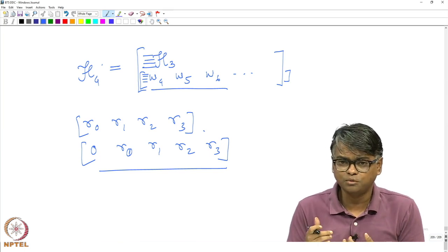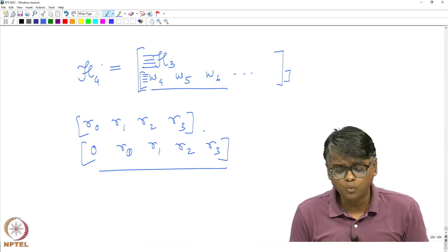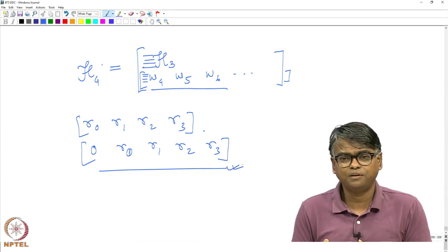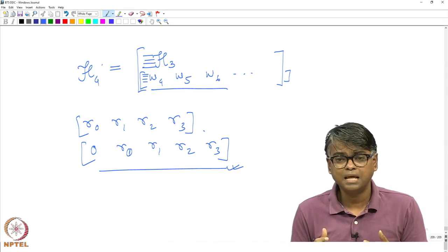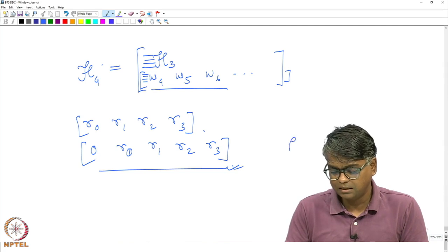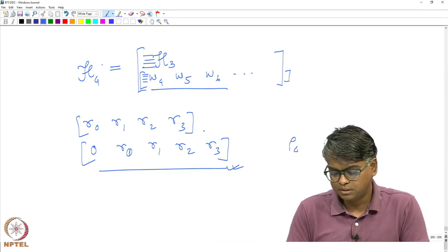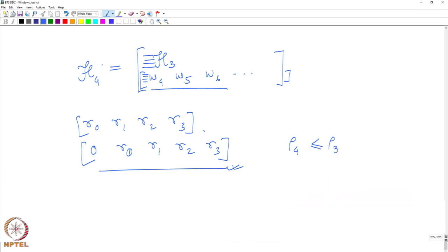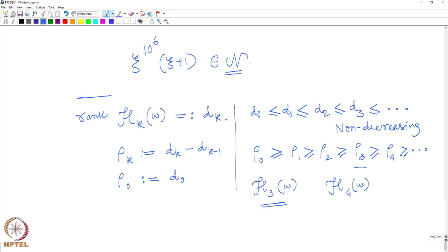It can be at most rho 3, but there could still be some new fourth order equations, not like the shifted versions, that will cut down on the dimension of H4 even further. So the increment in the dimension of H4 from H3, which is rho 4, can only be as much as rho 3, and if there are new fourth order equations, the dimension will be cut down even further. We had an elaborate discussion as to why this is so.